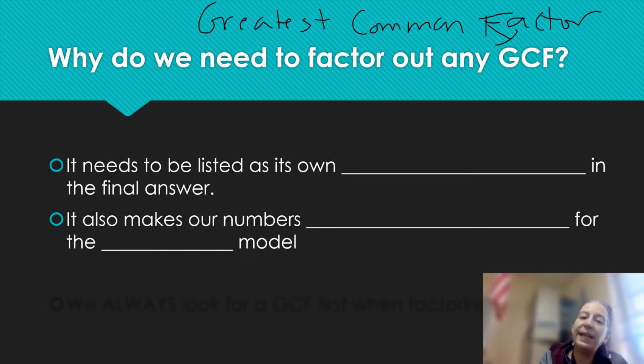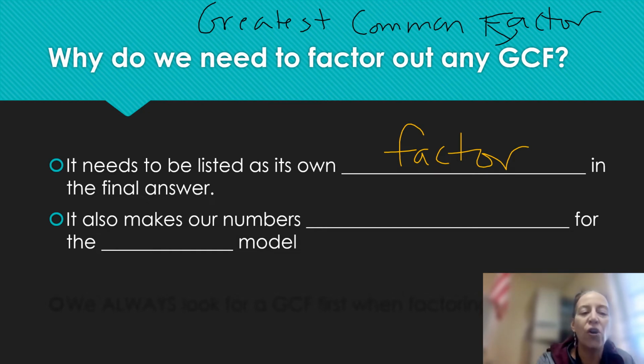First reason why we need to be able to do that step from 3 and 4 is that it needs to be listed as its own factor in the final answer. Okay, so when you're factoring out, if there's a GCF, it needs to be listed separately as a separate thing that is multiplied in.